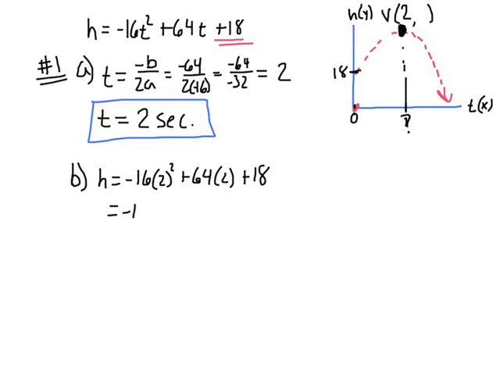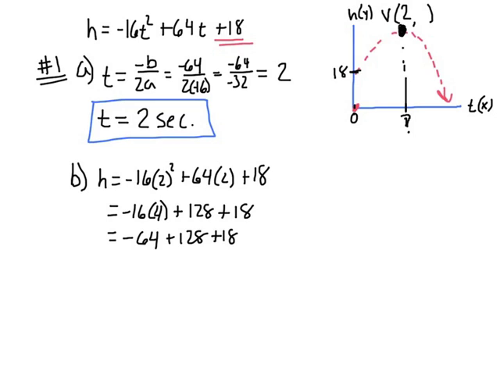So we have negative 16 times 4 plus 128 plus 18. What is negative 16 times 4? Is it 64? Yes. 16 times 4, 64, yeah. Yep. Plus 128 plus 18.